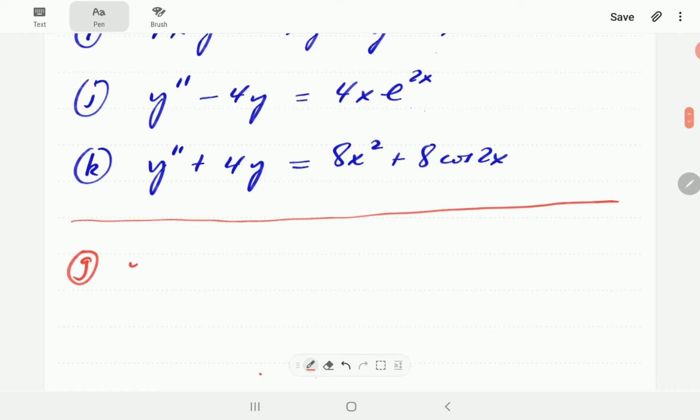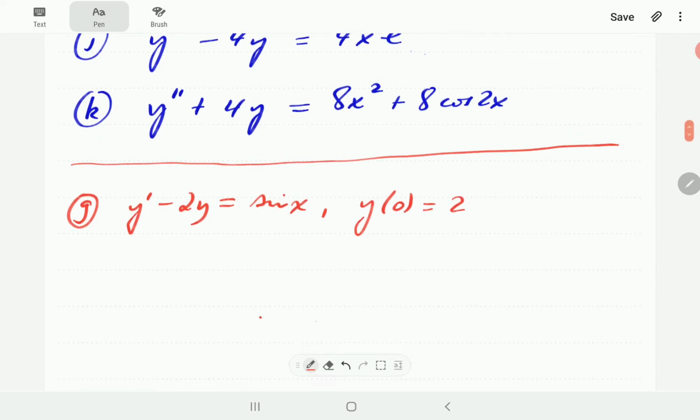All right, so we're now going to have a go at G. So G says y prime minus 2y is equal to sine x, and then there is an initial condition when x equals 0, y is equal to 2. Incidentally, we have done this same problem in a video entitled linear first order equations, because it is a first order.